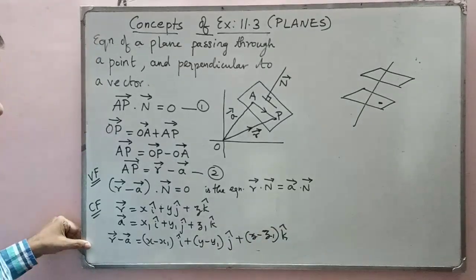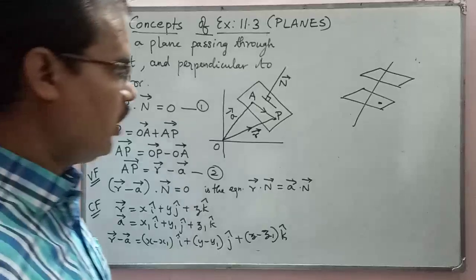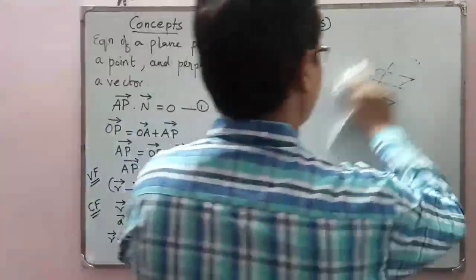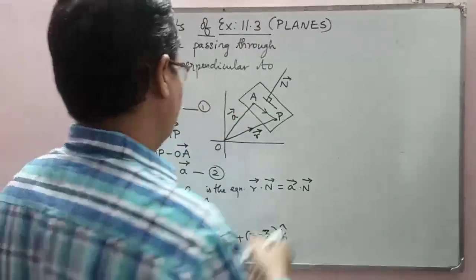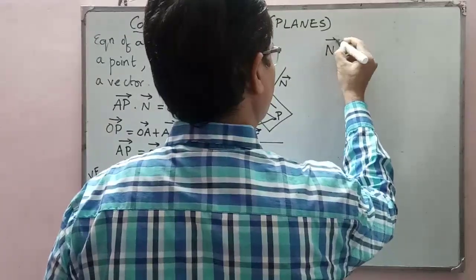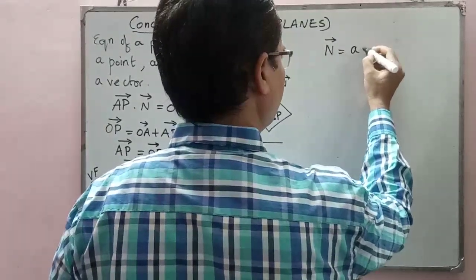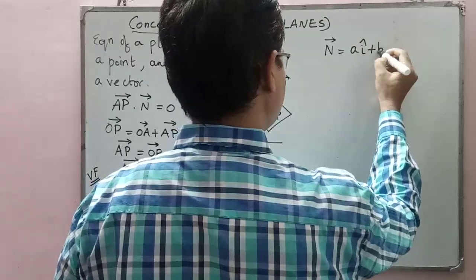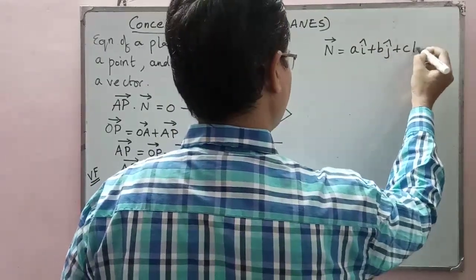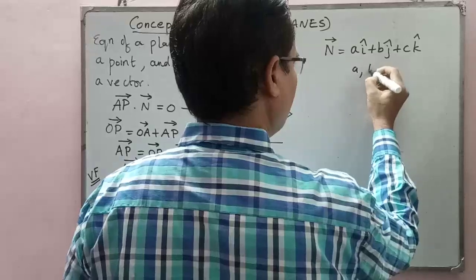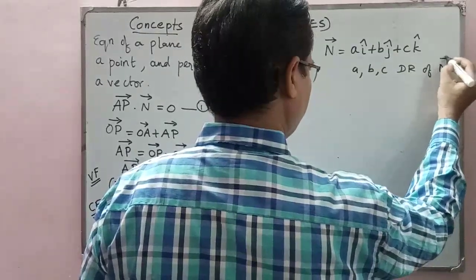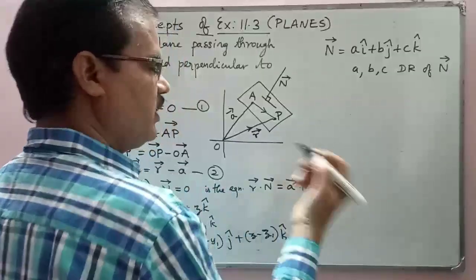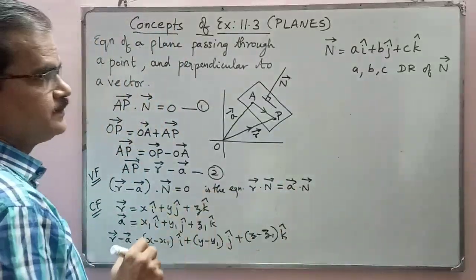Okay children, that is r minus a. Now n vector is a normal vector. I am taking it as ai plus bj plus ck, where a, b, c are direction ratios of the normal vector. Normal means perpendicular. The other word for normal is perpendicular.